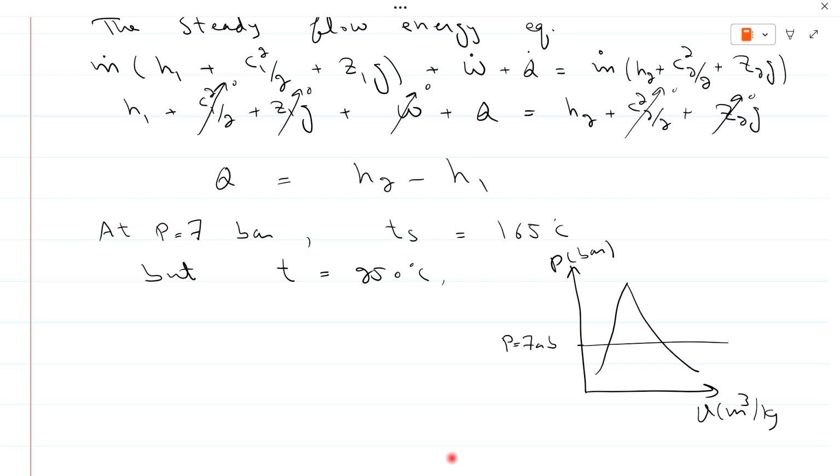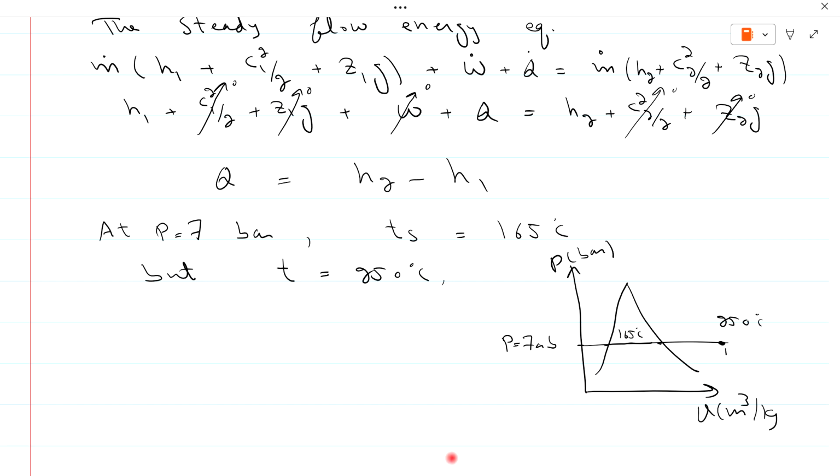Here this is H1: at pressure 7 bar, the saturation temperature is 165 degrees centigrade, but the given temperature is 250 degrees centigrade, superheated.